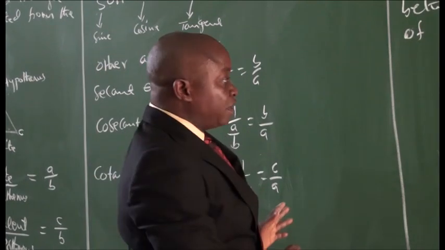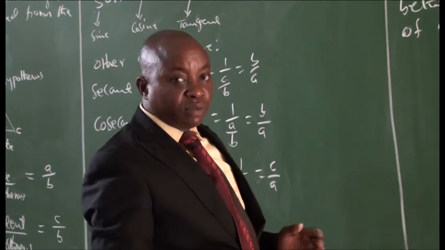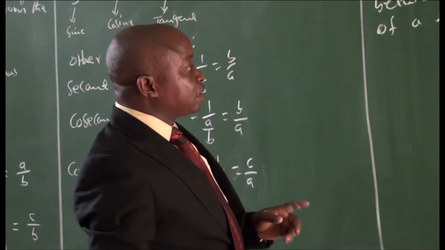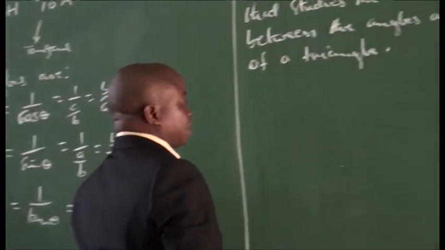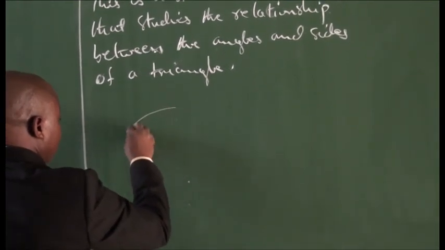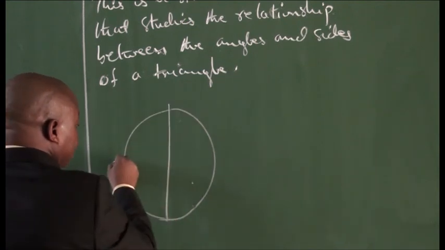Now that we know basic trigonometry ratio, we'll go back to several quadrants that we have already looked at. We will start again in the first quadrant and use this relationship so that we can learn more about that. Now look at this.